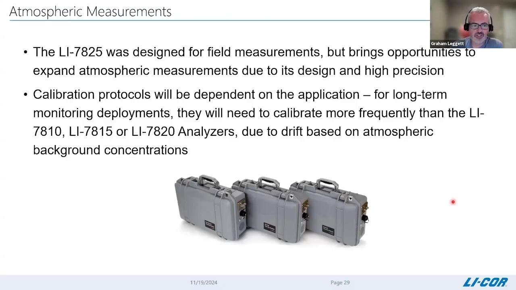For long-term monitoring, for example, it may need more frequent calibration to be able to discriminate smaller changes in delta. Those calibration frequencies are much higher than expected for our concentration analyzers, which are a much less demanding instrument in terms of long-term drift.